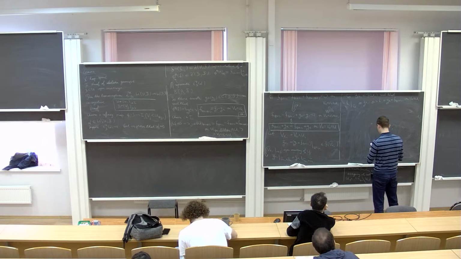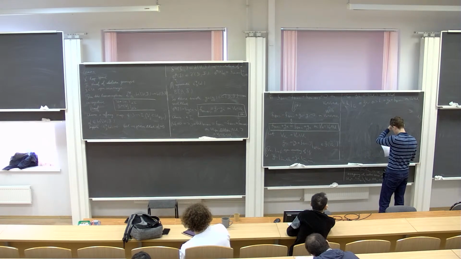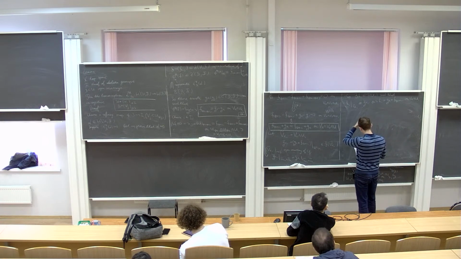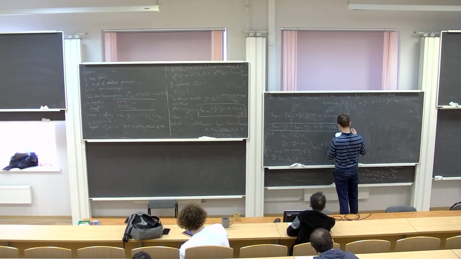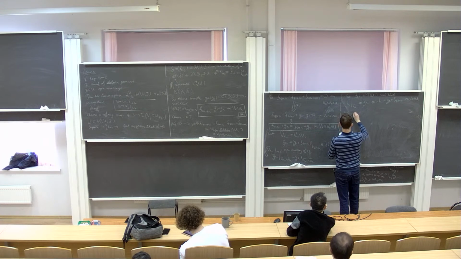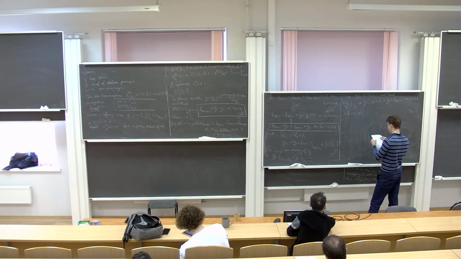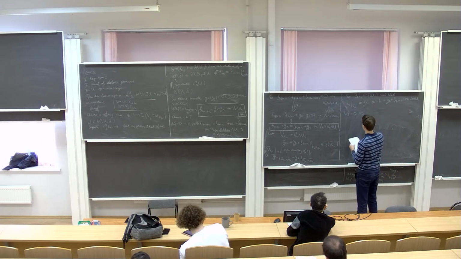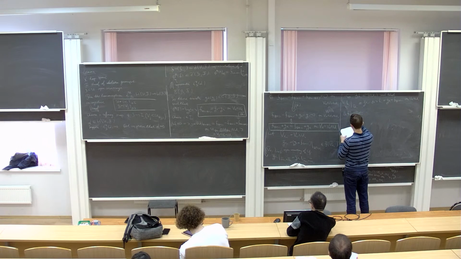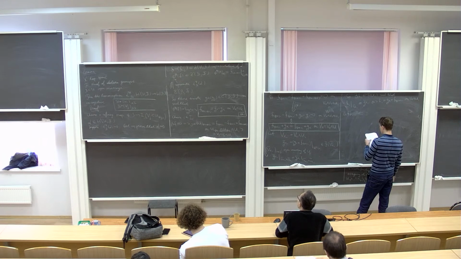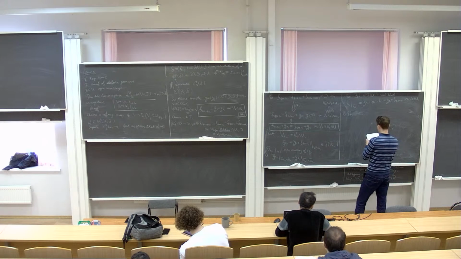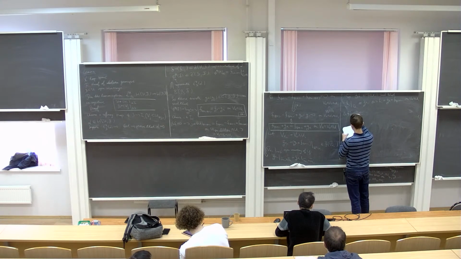Okay, so we have several minutes, but I think it's enough. So again we write this condition that delta f is equal to 0. Delta f_{ij phi(k)} is equal to 0.